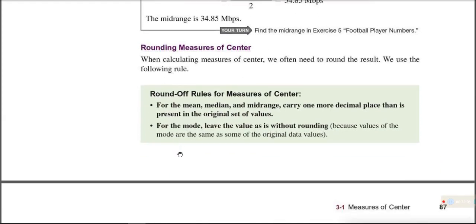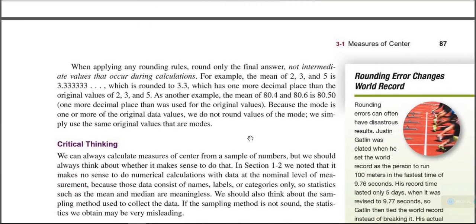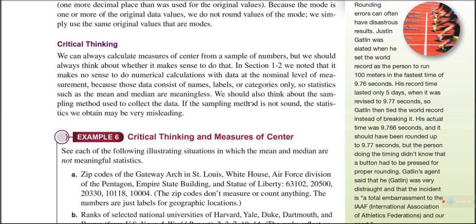Okay? For the mode, wala. Huwag kang magdagdag ng kahit na ano. Kasi si mode, as is yun. Kung ano yung nakita mong pinakamataas na pinakamaraming beses nag-occur, siya na yun, di ba? So, no need to perform rounding off. Okay, critical thinking.